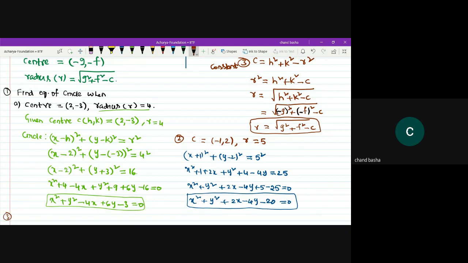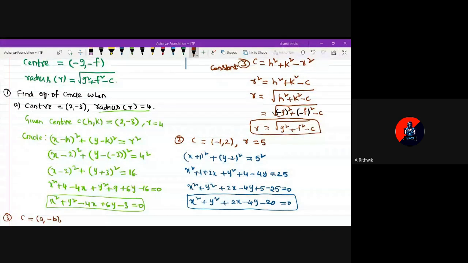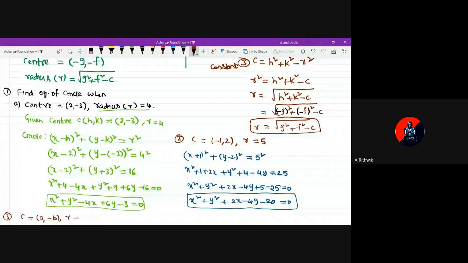Problem number 3. Sir, I have a doubt. Yes, you can. Sir, at the first question ending, answer ending, how did we get 6y, sir? Just tell me what is a plus b whole square formula.